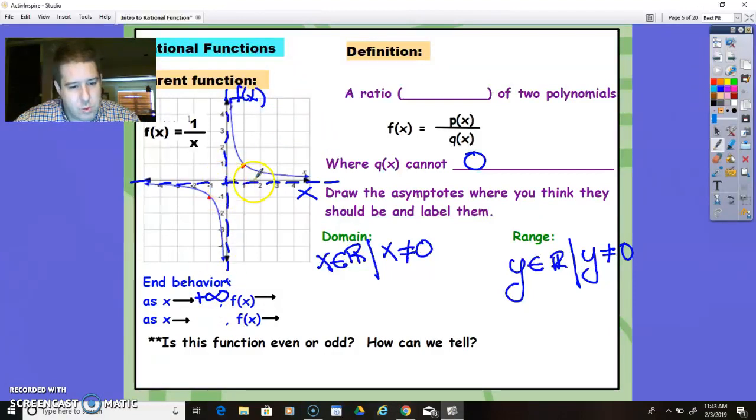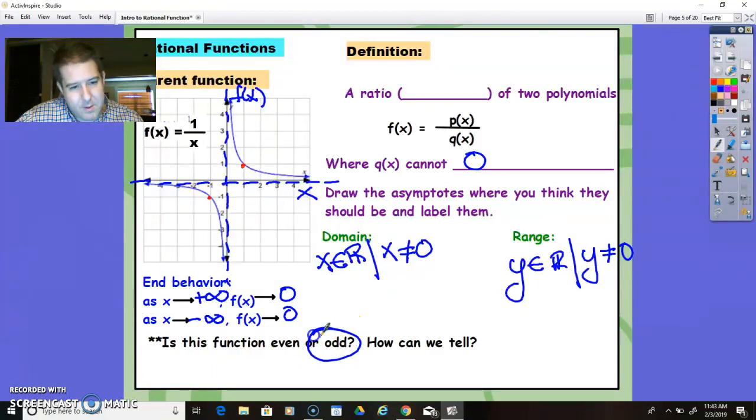As we go to the right, the height is approaching 0. The further I go to the left, I could have switched these around, it wouldn't make any difference, this piece right here gets closer and closer to 0. We use an arrow to represent approaching, because it's never going to actually hit 0. It's going to go up and to the left, but it's never going to hit 0.